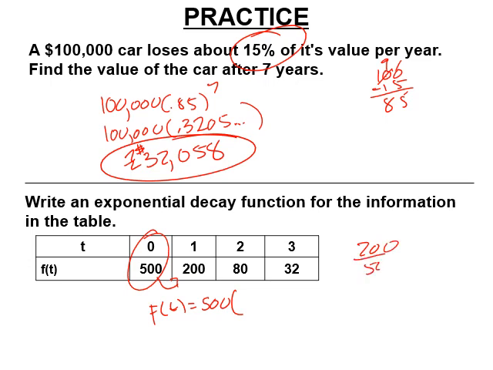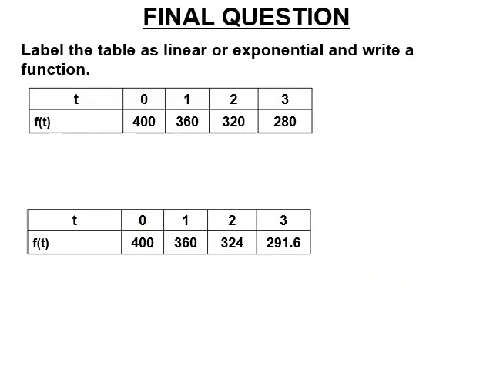200 over 500 equals 2/5, which is 4/10, which is 0.4. And if you're interested, you could double check the other ones. They should all make 0.4. Right, so which one is linear?